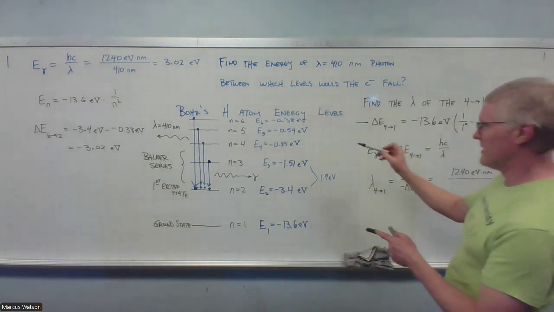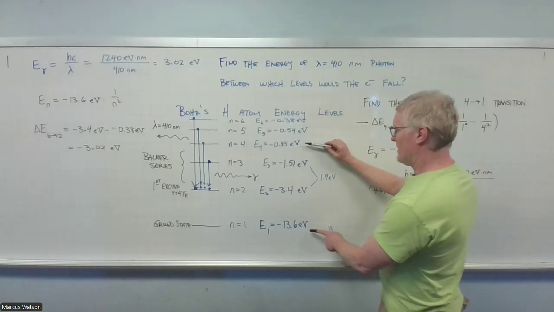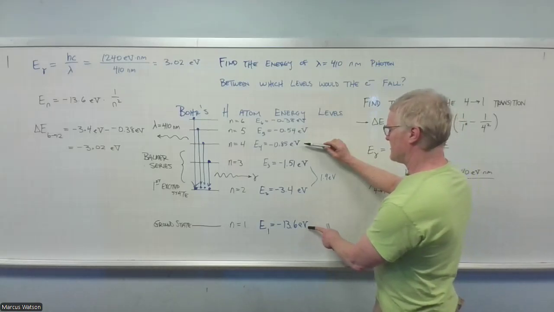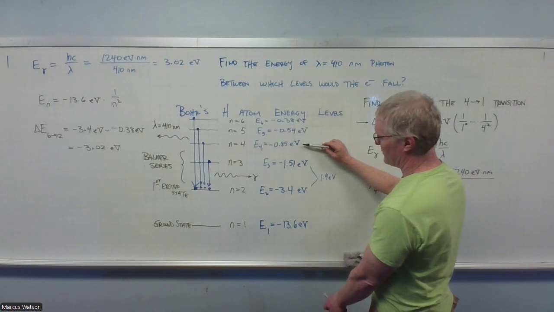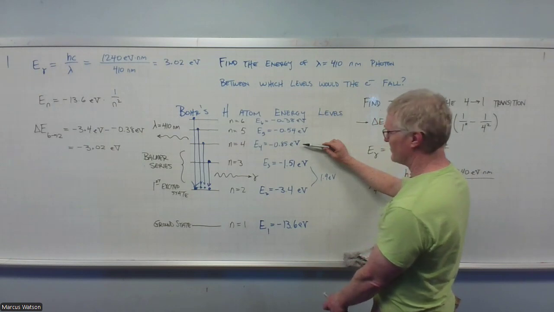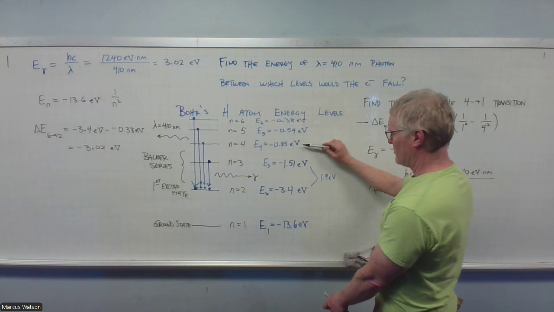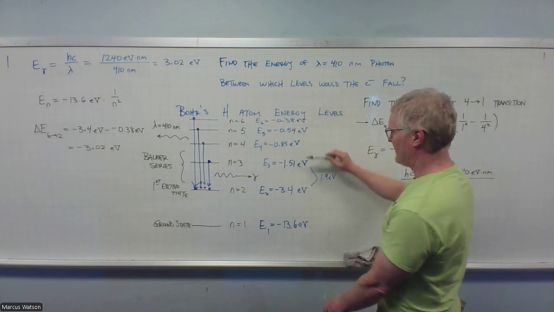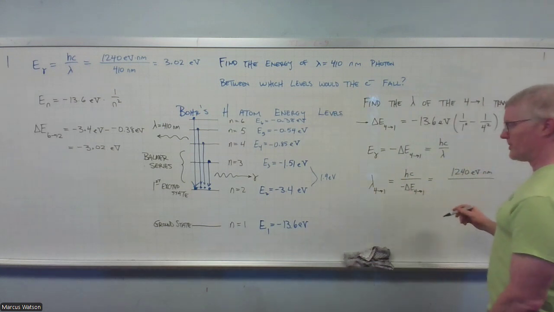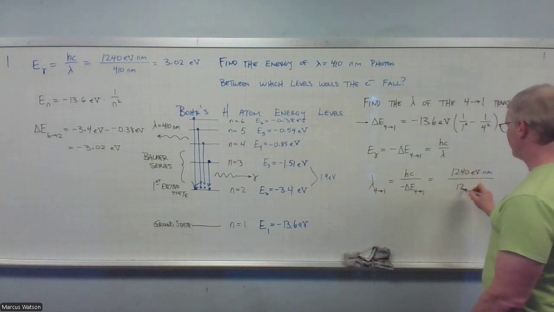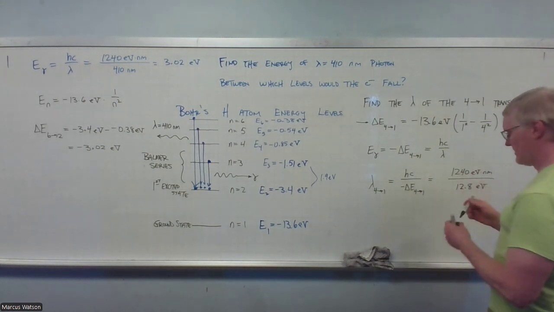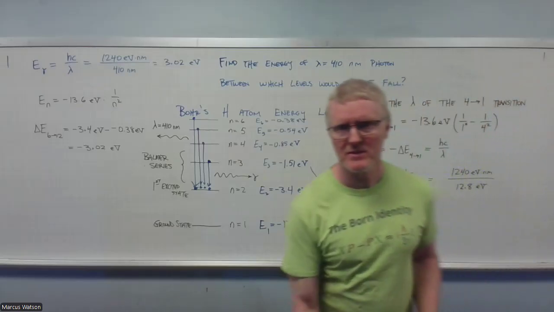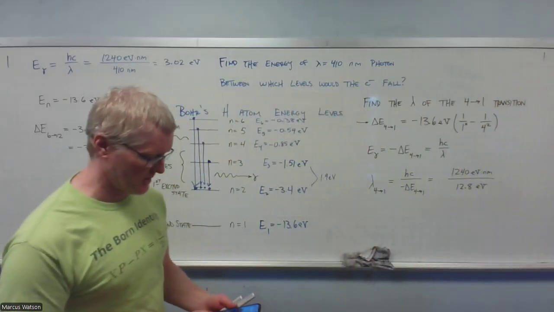So if I go back to here, I would have said the transition is 13.6, and I have to add the 0.85, which makes it about 12.8 eV. Like I said, that's well out of our visual acuity.